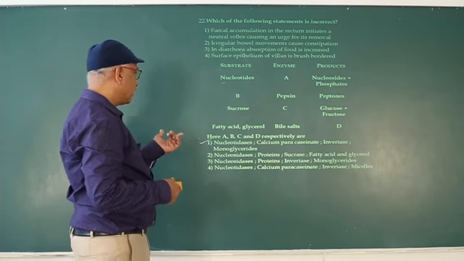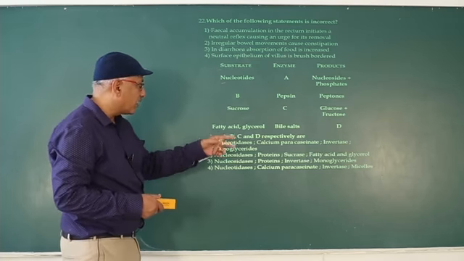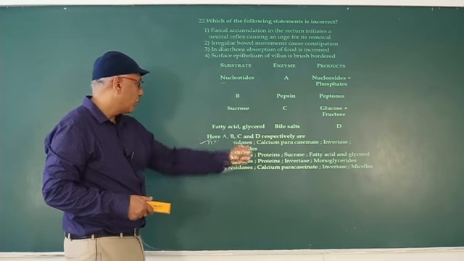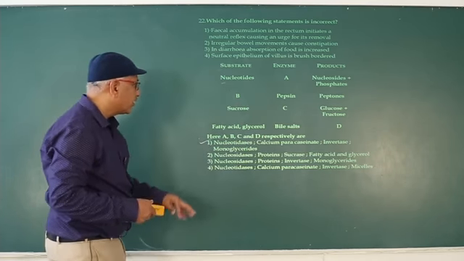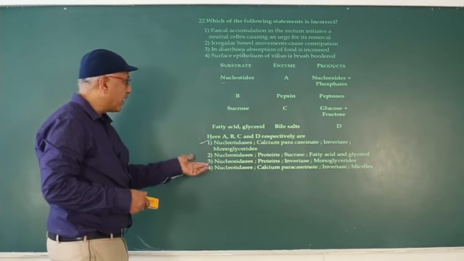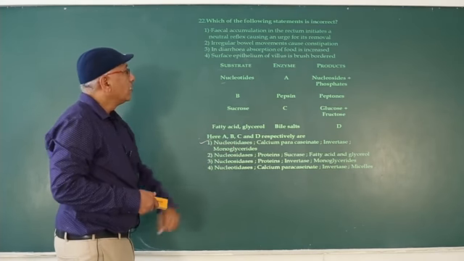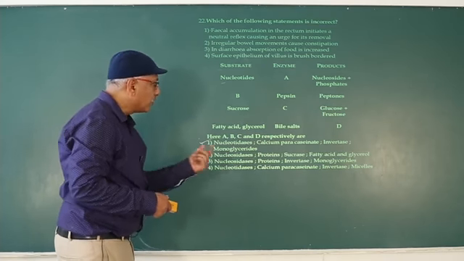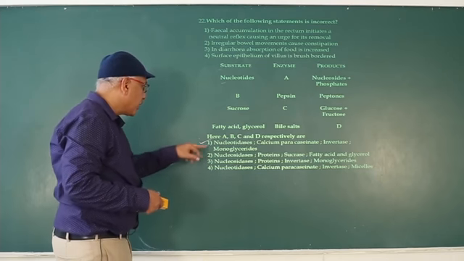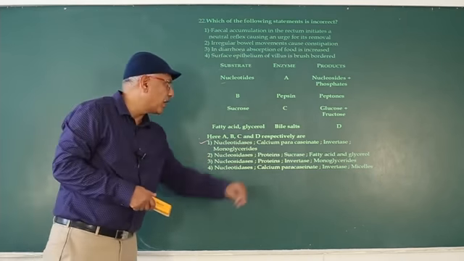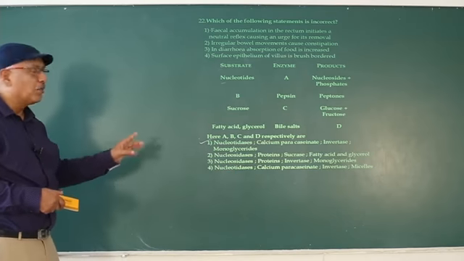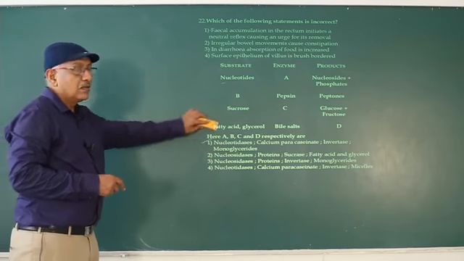Next one is fatty acids, glycerol, bile salts. Monoglycerides are converted into fatty acids and glycerol. Bile salts are also present. So the possible option is the first one only.